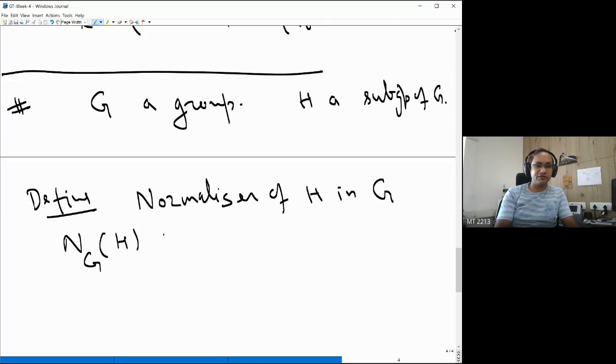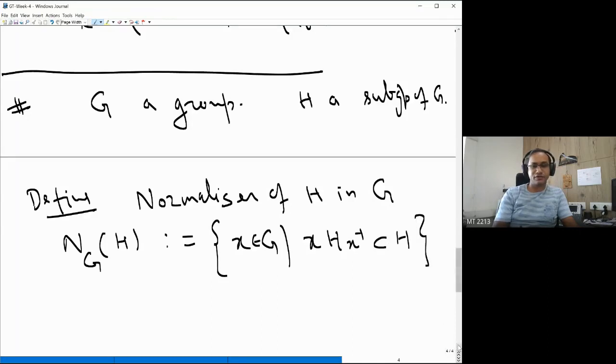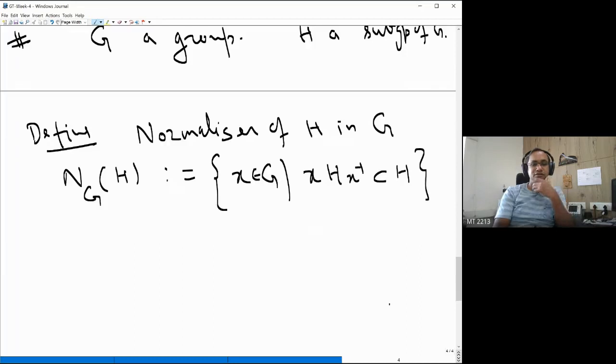And how do I define this? This is supposed to be all those elements X of G such that if I compute X H X inverse, then it is contained in H or equal to H. Equality is also fine.